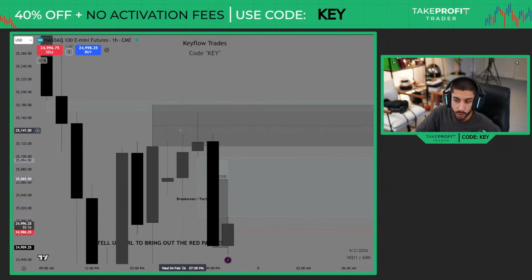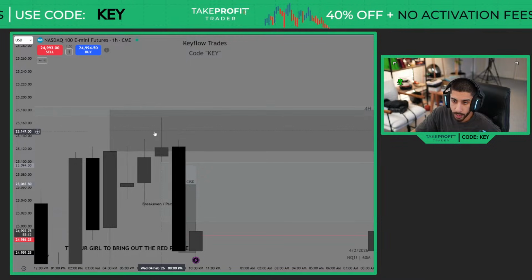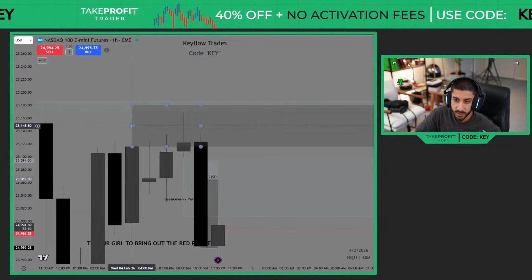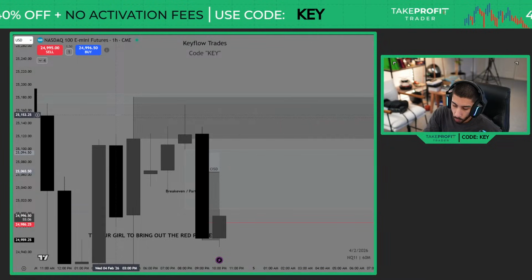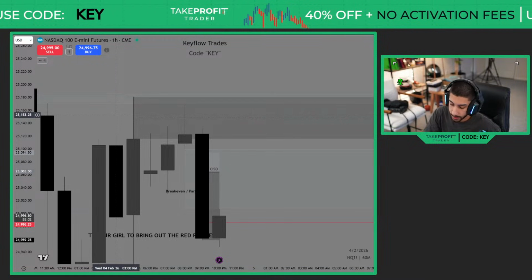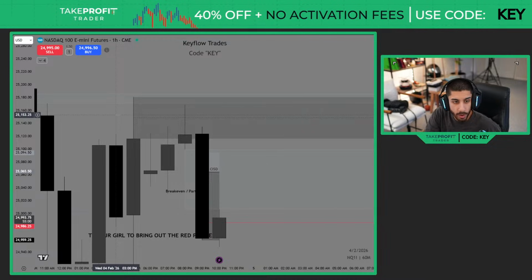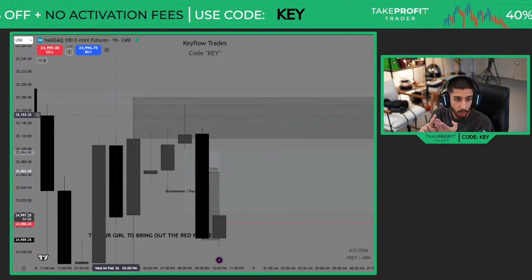At the start of the stream, I talked about how this is a solid high of day candidate right here, okay? The reason why this is a high of day candidate is because this is an hourly PD array. Remember, every time we are looking for a high or low of day inside of a PD array, that PD array needs to be from the 1 hour, the 4 hour, or the daily.